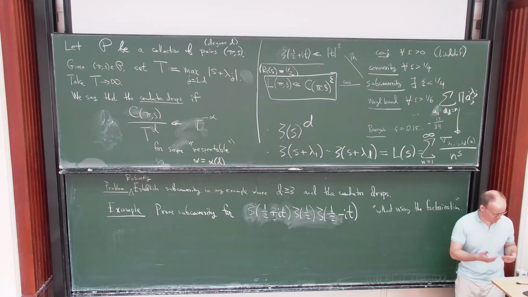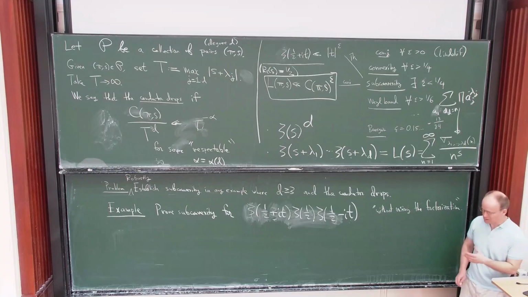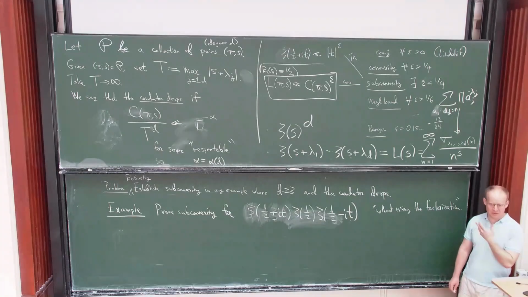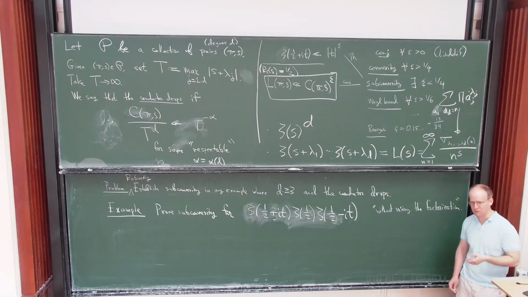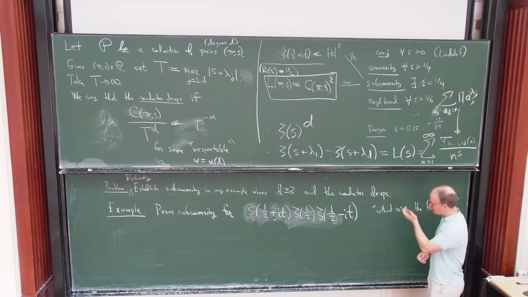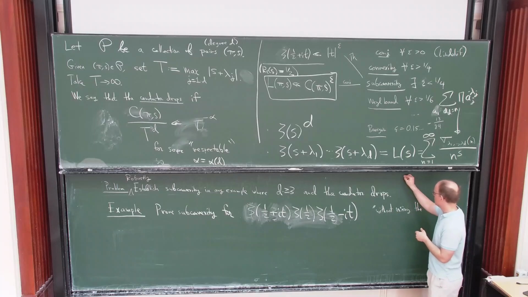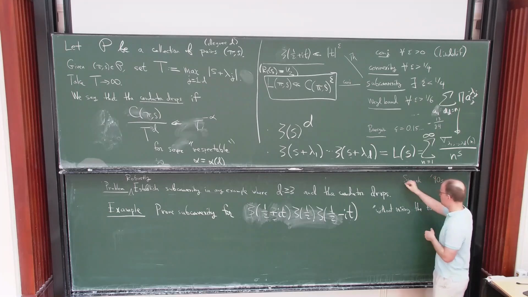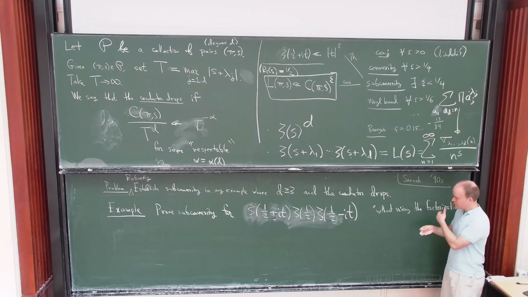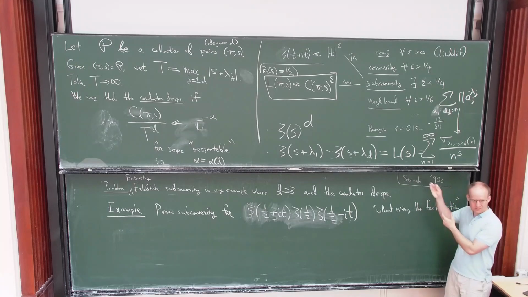Okay, so part of our instructions were to say what the problem is, and then another part was to maybe say why it's interesting and why people have cared about it. For this class of examples, this goes back to Sarnak, and then Rudnick and Sarnak in the early 90s, and also Watson, Sarnak's student.